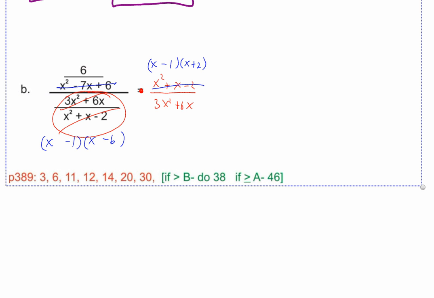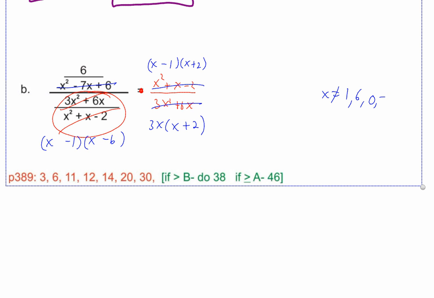Just factoring and dividing out common factors, right? Factor out common factors first. I'm going to do my excluded values first before I cross them out. 1, 6. Don't forget the 0.